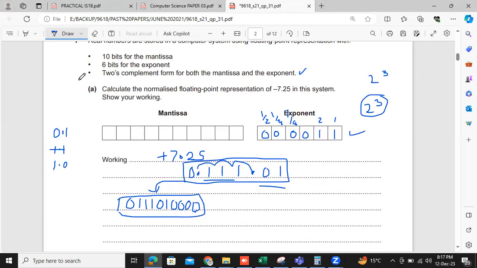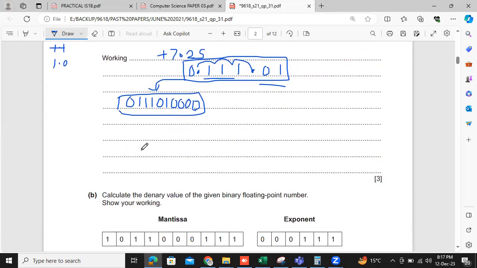Since it says 2's complement, we'll invert this so that I get 1, 0, 0, 0, 1, 0, 1, 1, 1. This is the 1's complement. In order to convert to 2's complement, I will add 1 to it.